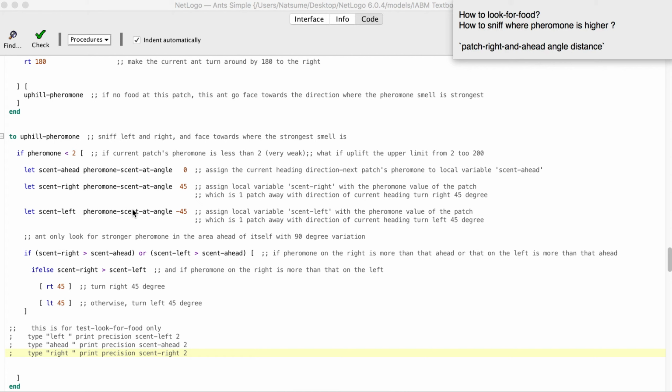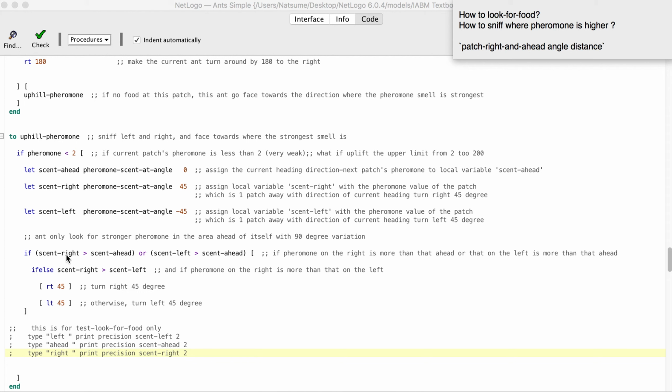And similarly, we look for the patch one distance away, but turn left 45 degrees, get this patch's pheromone value and assign it to center left. So by now, we have 3 patches one distance from where the ant is standing, and we have these 3 patches' pheromone values.